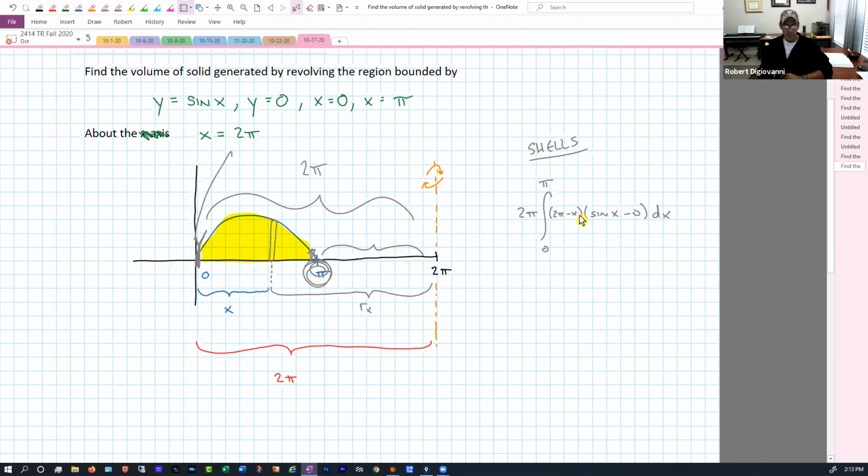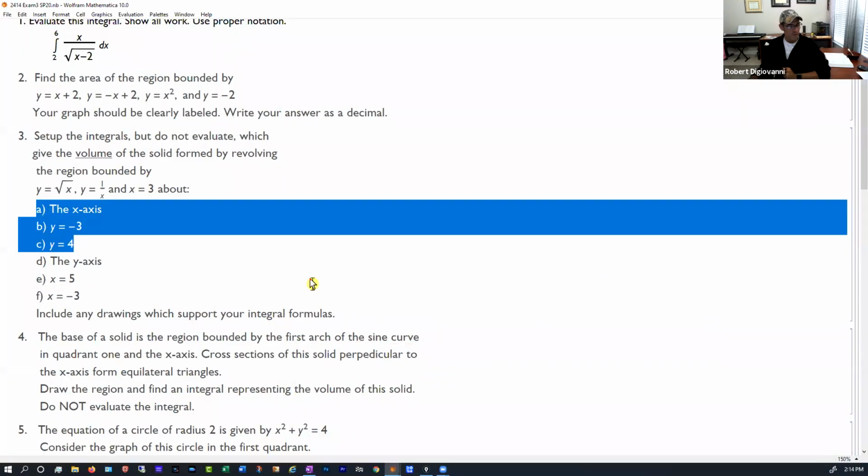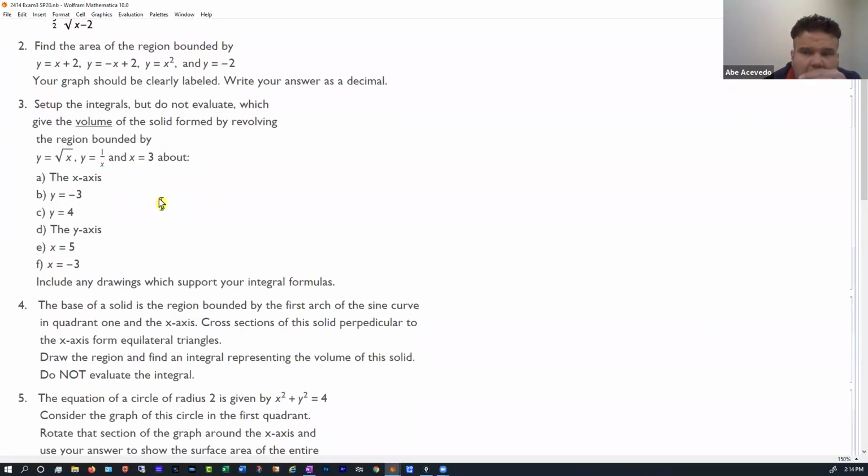And that's what you get if you plug pi in here. 2 pi minus pi would be pi. So this is just keeping track of that radius as you move across from 0 to pi. Make sense? All right, let's look back now at this problem.